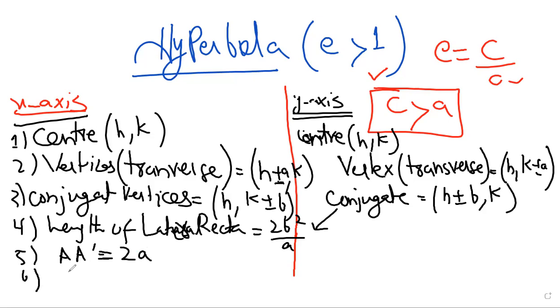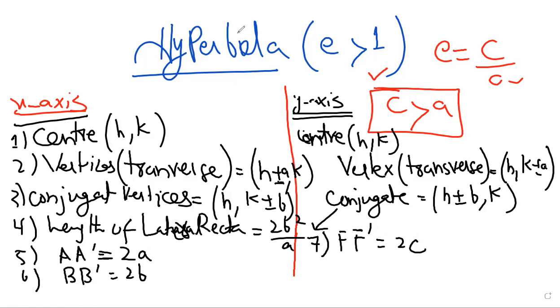The length of my conjugate axis, BB dash, is equal to 2b, also the same in both axes. The length between the foci, the 7th point, is also the same: FF dash is equal to 2c.